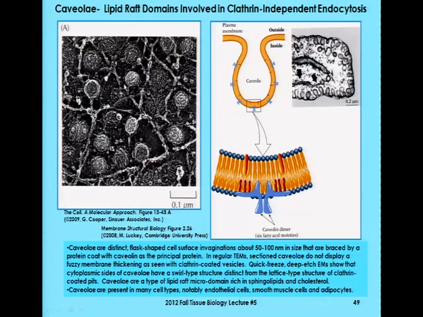And when the caveolae are viewed by quick freeze deep etch microscopy, the cytoplasmic view of the caveolae is distinct from what we see with the clathrin-coated vesicles or coated pits. Remember, with the coated pits, we have that honeycomb lattice structure, whereas with the caveolae, there is a swirl-like structure along the cytoplasmic side of the caveolae.